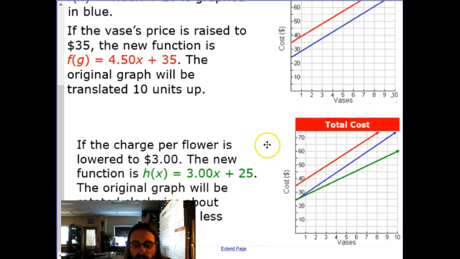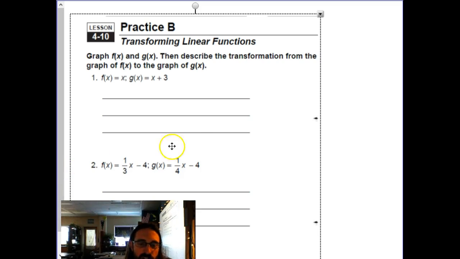Right? And that's what this graph down here is showing you. First we shifted it up, and that's just raising the cost of the vase. But in the second scenario, you keep the cost at 25 and just make it less expensive per flower. You can see this green line has a shallower slope. So that's what they want you to do.